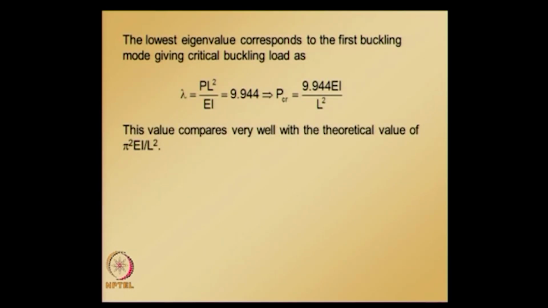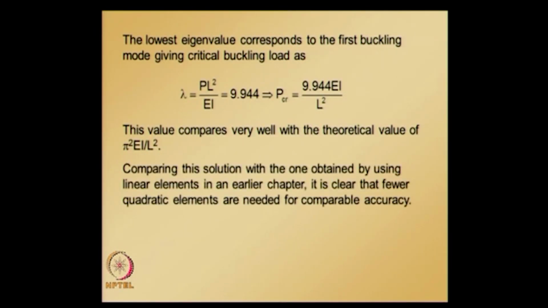This value compares very well with the theoretical value of pi square EI over L square. Comparing this solution with the one obtained by using linear elements in the earlier lecture, it is clear that fewer quadratic elements are needed for comparable accuracy.